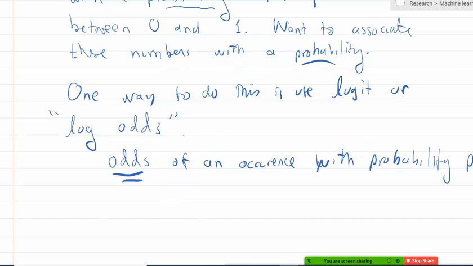I'm sure you do. But in the US, people gamble on sports games or they gamble on horse races, and they will always report the odds of someone winning. Now, the odds of an occurrence with probability p is defined as p over 1 minus p.